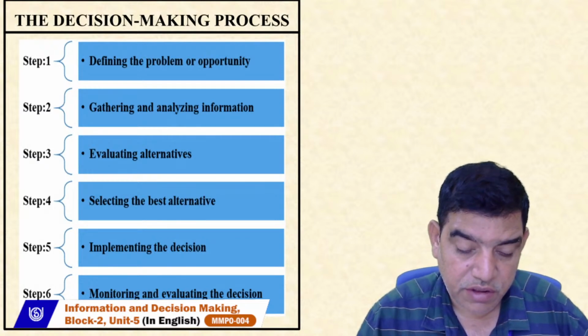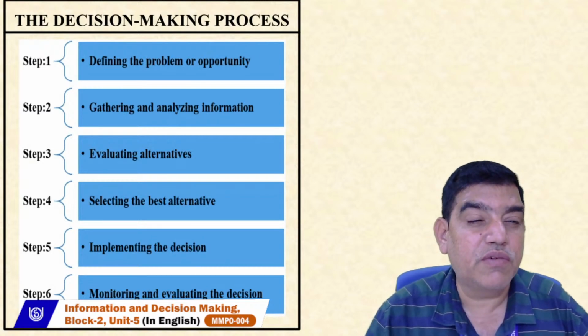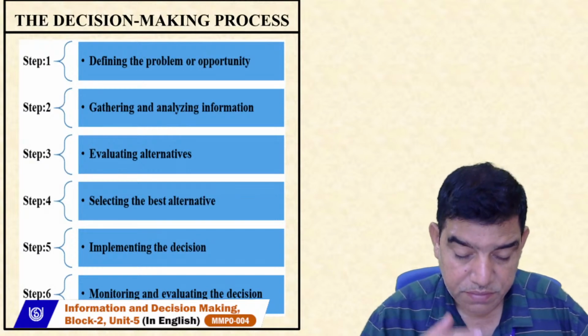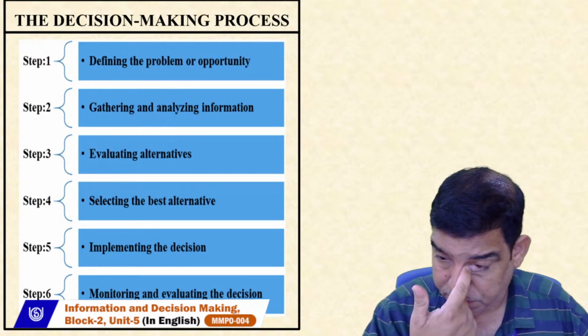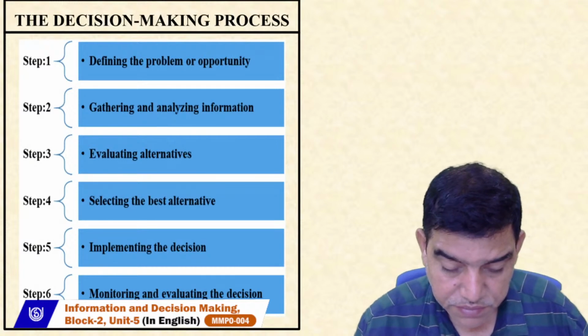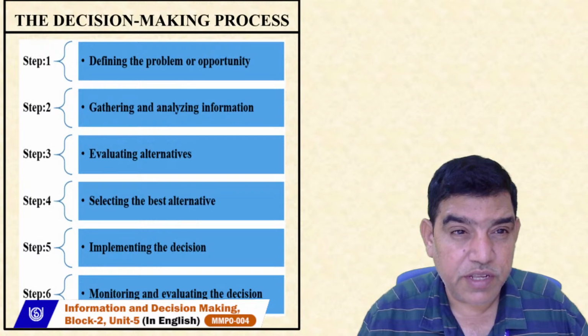So these are the main steps. Step 1, step 2, step 3, step 4, step 5, step 6. Then we discuss the problem and opportunity.